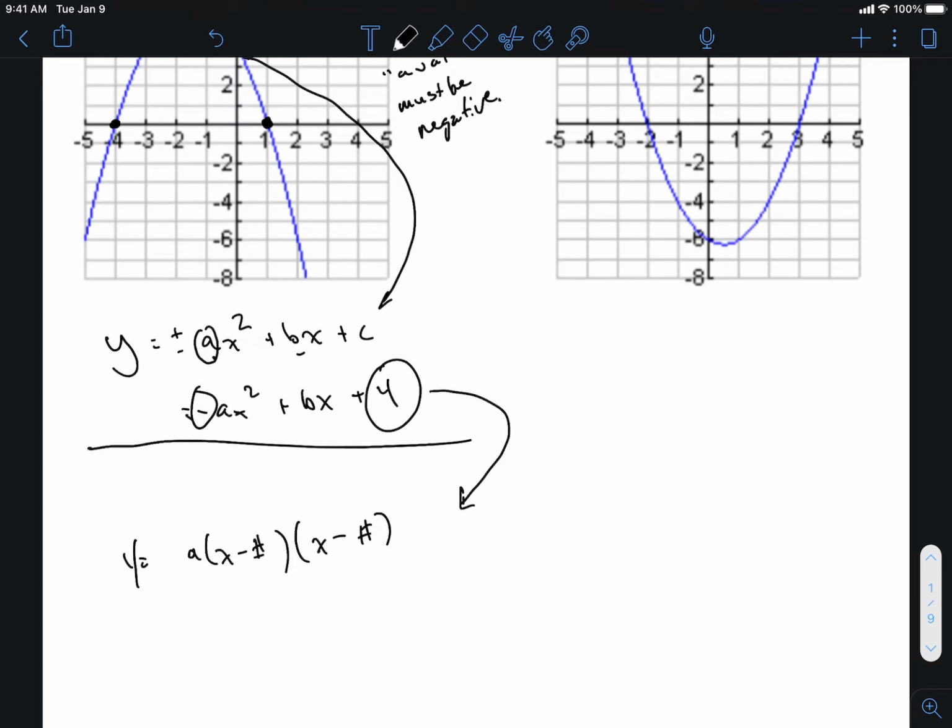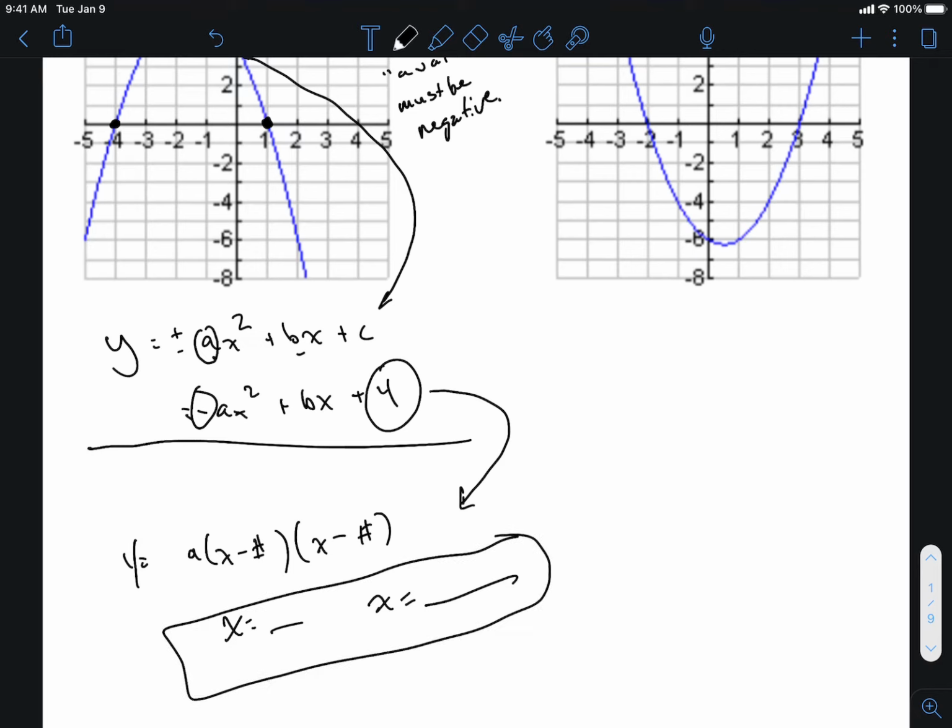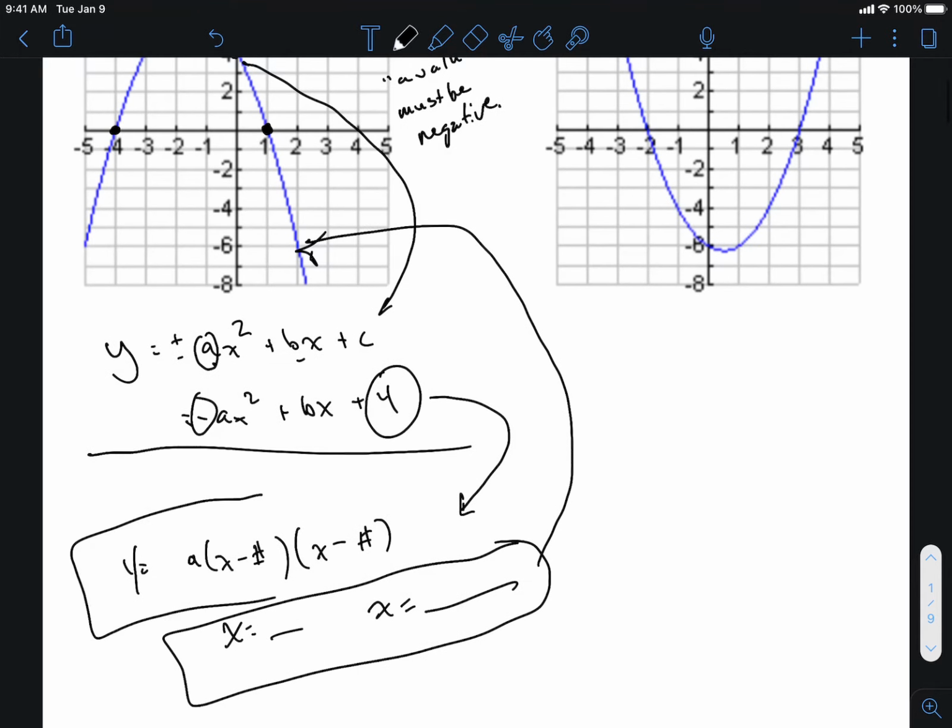Okay, when it looks like this, we can see x equals something and x equals something. These were my two x-intercepts. This was a little bit more useful, and we spent some time producing these graphs once I had this equation look like this.